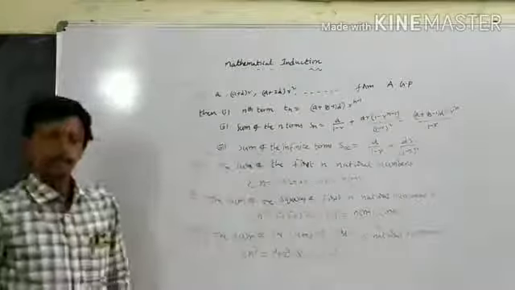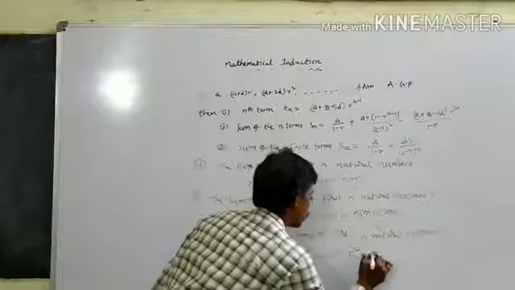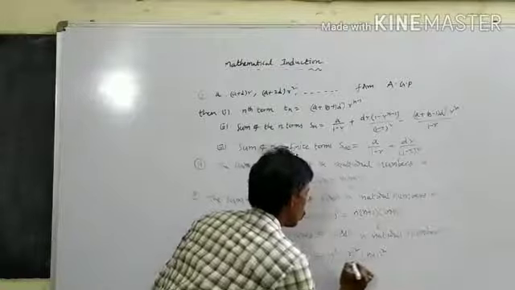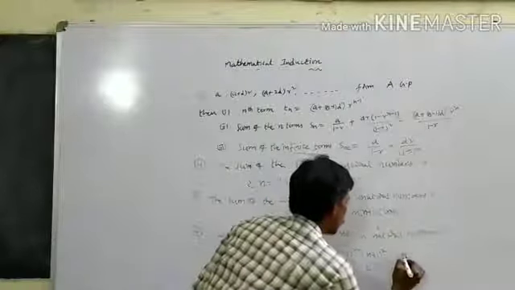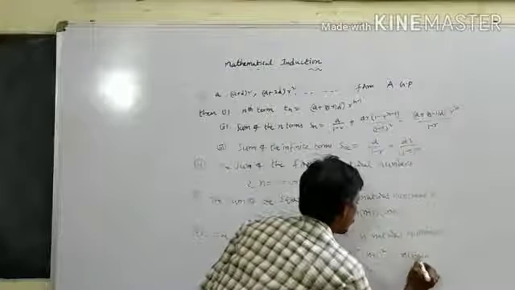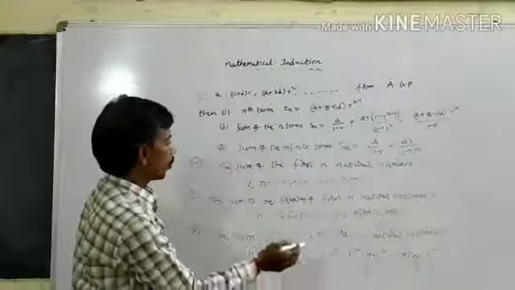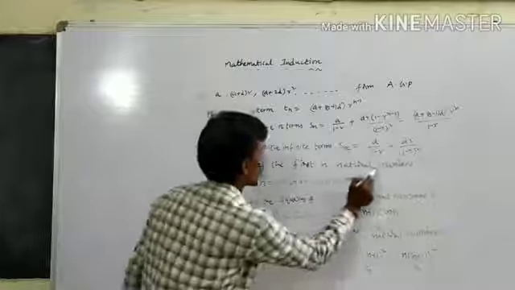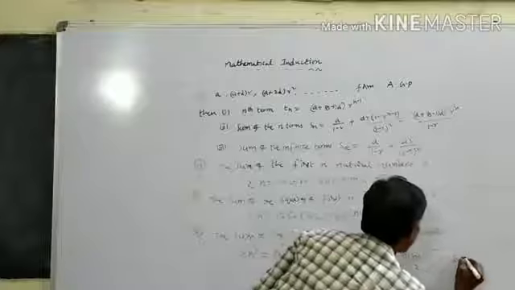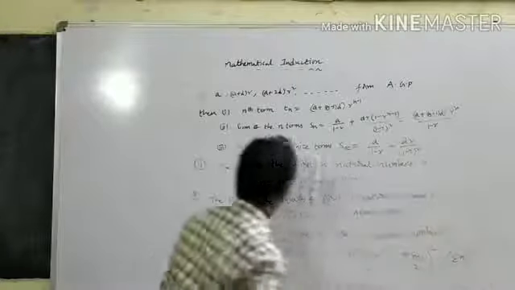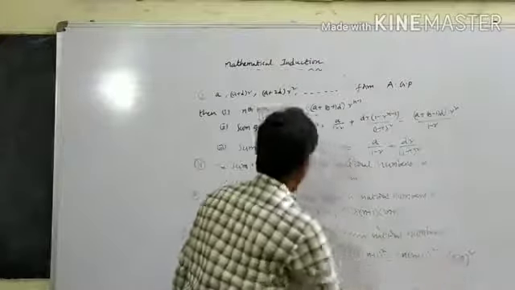That is equal to n square into (n plus 1) whole square by 4. So it is written as (n into (n plus 1) by 2) whole square. Here n into (n plus 1) by 2 is the sum of the first n natural numbers. So sigma n cube is equal to (sigma n) whole square.